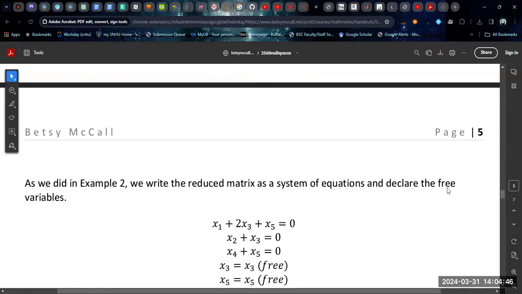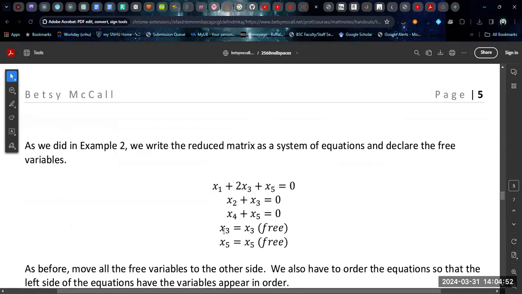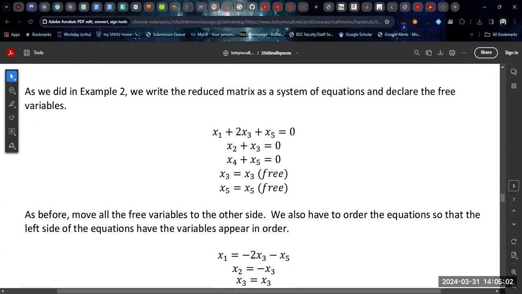And then x4 and x5 in the bottom row here equals 0. Now, the columns that don't have pivots in them are x3 and x5. So those are our two free variables.